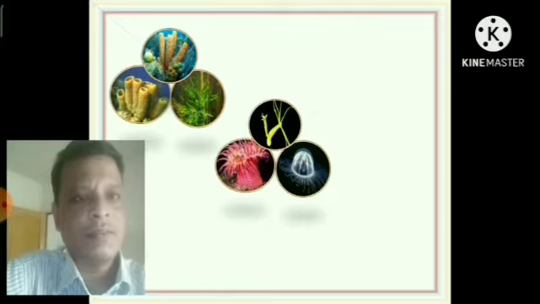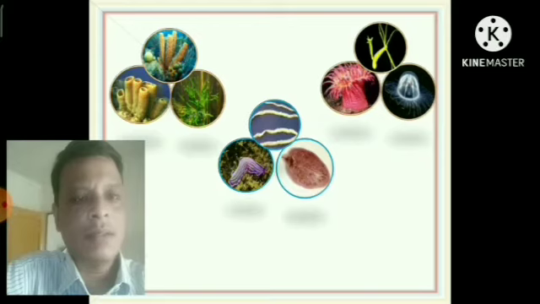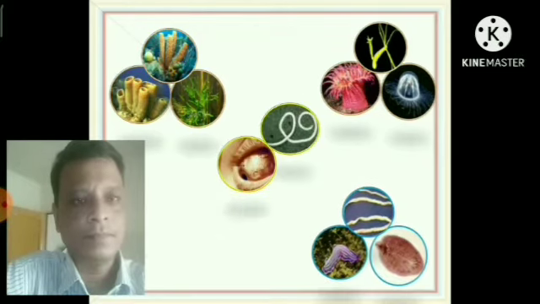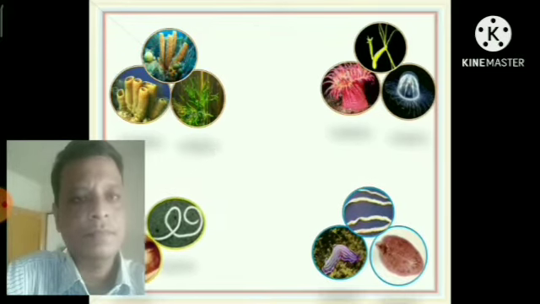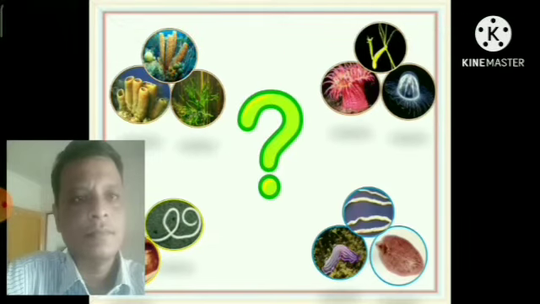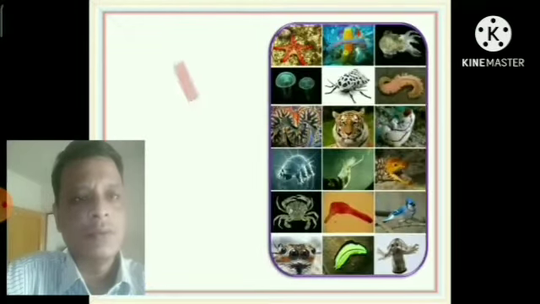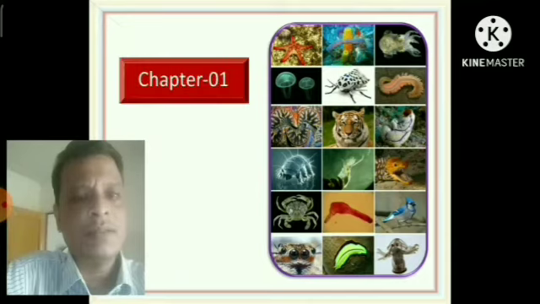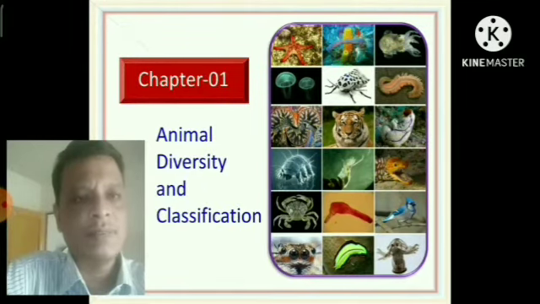You see here some animals belong to the phylum Porifera, Cnidaria, Platyhelminthes and Nematoda. Today I am going to discuss chapter 1, that is animal diversity and classification.